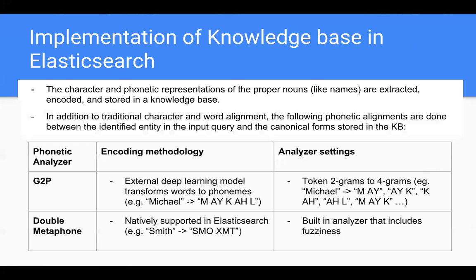So we took 2 grams all the way to 4 grams of those tokenized phonemes and stored them in this knowledge base. For double metaphone, this was natively supported by Elasticsearch, so we actually didn't have to do much. We did introduce some fuzziness so that even though your double metaphone didn't match exactly, it would still match because there was some fuzziness involved with the matching property.